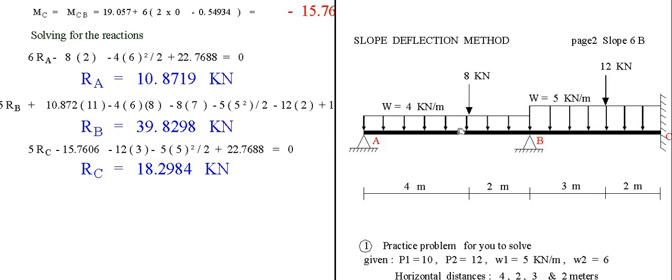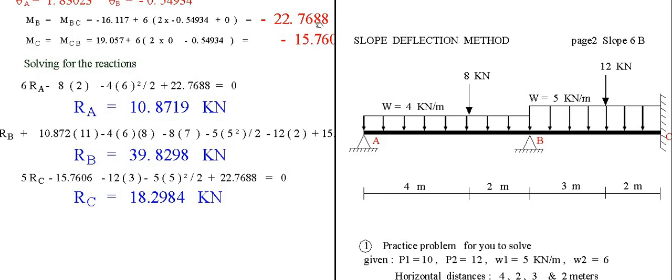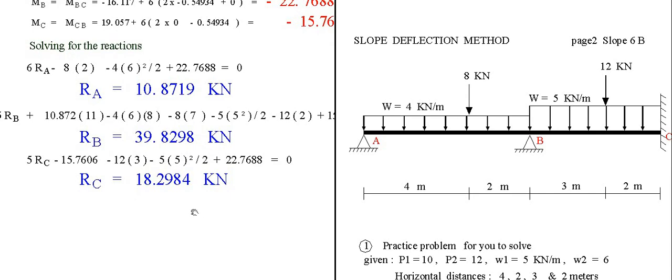Then minus 12 times 3, the concentrated load, minus the uniform load of 5 times 5 square over 2 plus the moment at B, 22.76881. Equate to 0. Then RC is equal to 18.2984.